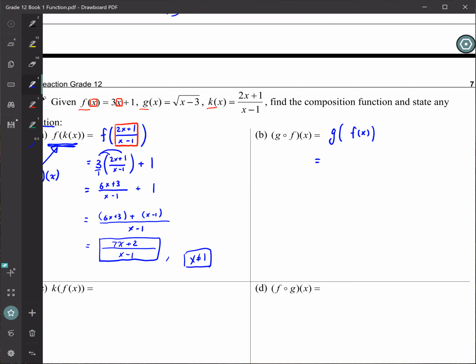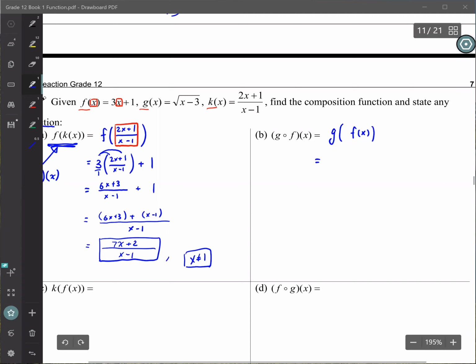This restriction is a little bit different. If you get an answer, please raise your hand.